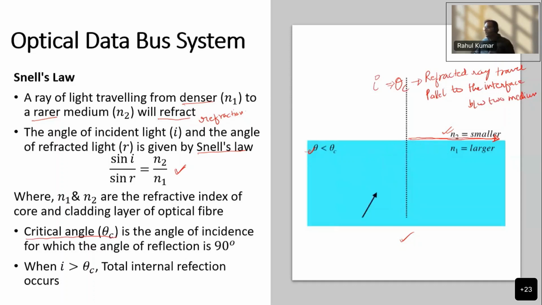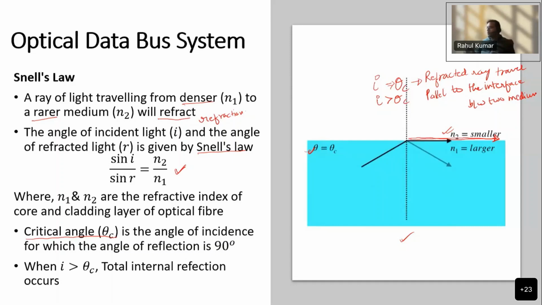Now if we further increase the angle of incidence greater than this critical angle, the refracted ray, or the ray of light, will reflect back into the same medium. And that is called total internal reflection.